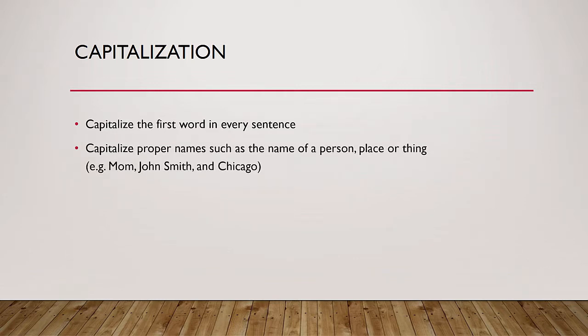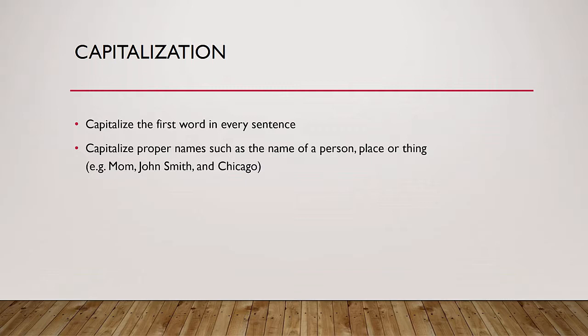In addition, you should always capitalize proper names, such as the name of a person, place, or thing. Now notice this first example, Mom. This is the way that you would capitalize it if it's a name, like Mom, like that's your name, your mom.